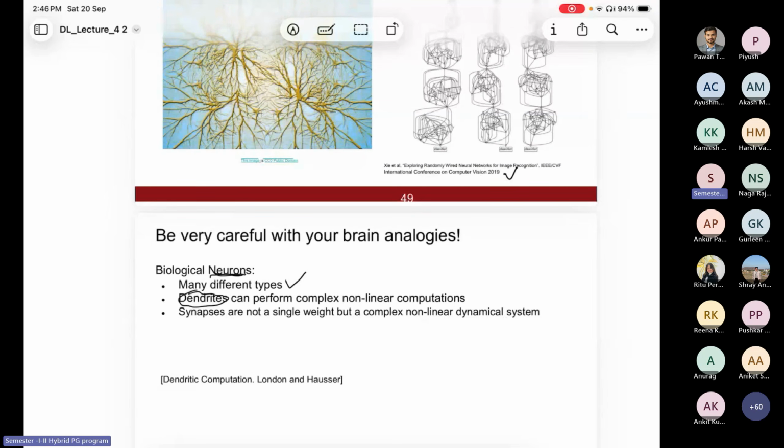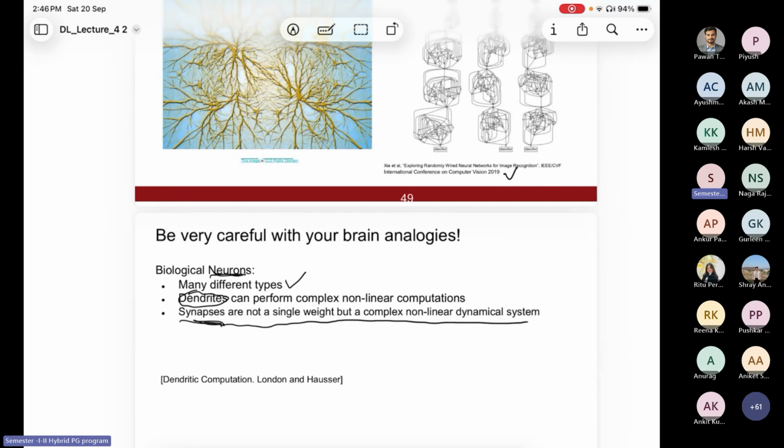In the brain, you have dendrites, which can perform very complex nonlinear computation, and synapses that we see as containing the weight, but it is not a single weight; it could be a very complex nonlinear dynamical system. So in reality, the human neuron, your biological brain neuron, and artificial neurons are different things.